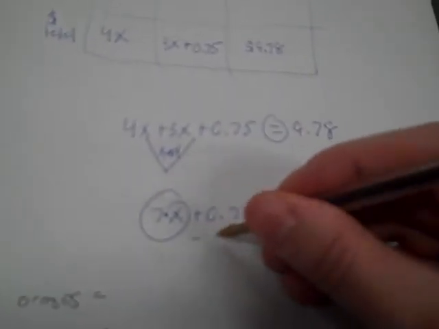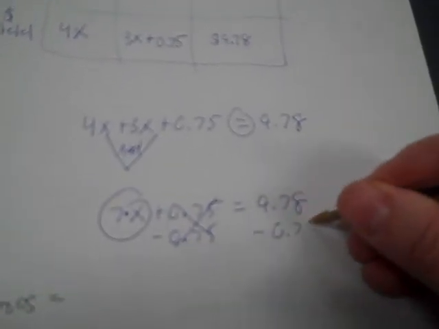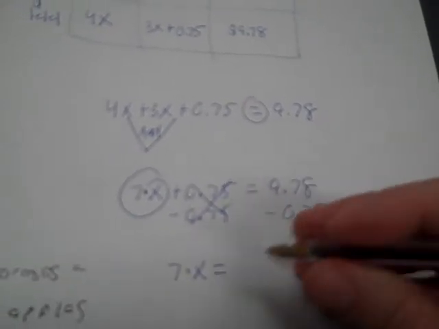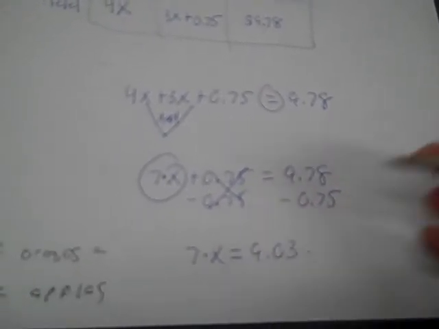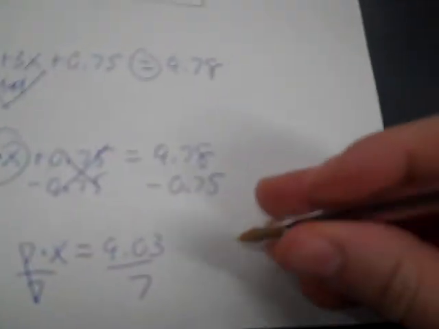I'm going to minus 0.75. And I got 7.x, and that ends up being 9.03, and then I divide by 7, and 9.03 divided by 7 is 1.29.